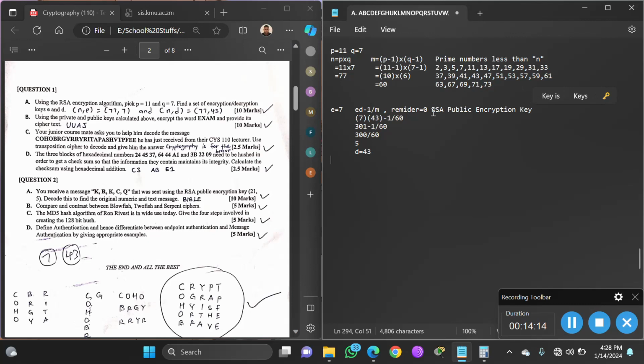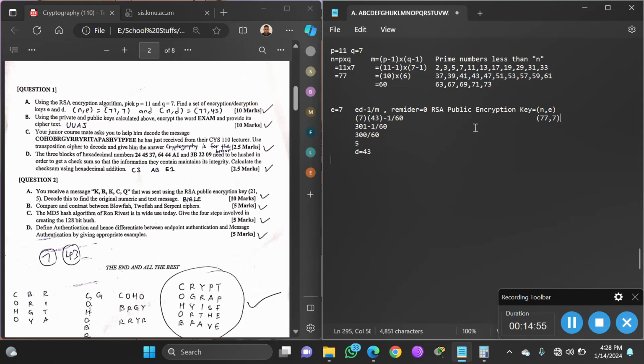The public encryption key for RSA is denoted by N, E. We know the value for N, which is 77, and we know the value for E, which is 7. So 77, 7 will be the RSA public encryption key used to encrypt a certain message with this given information.